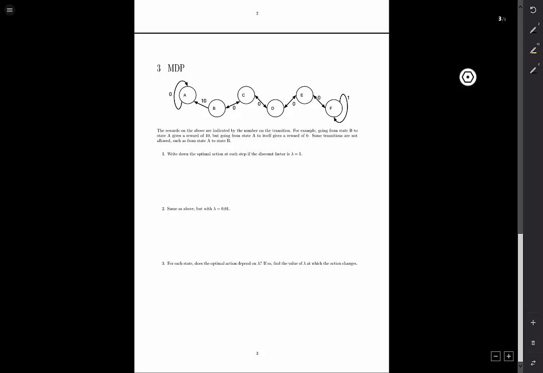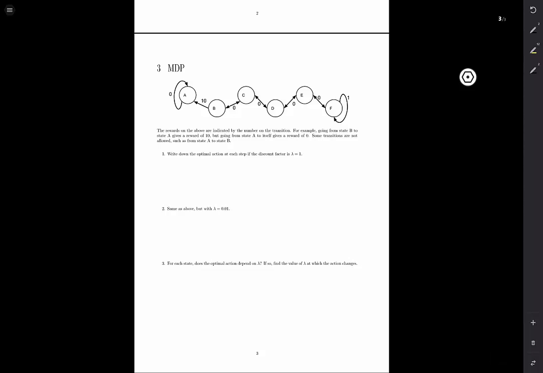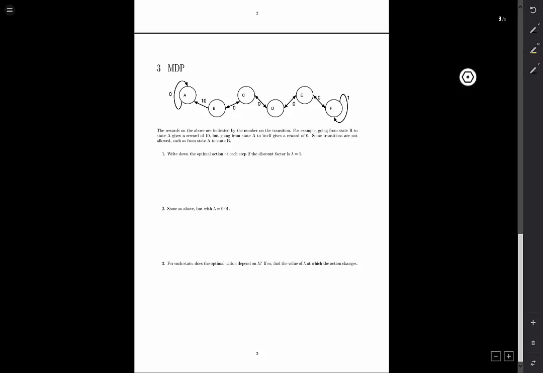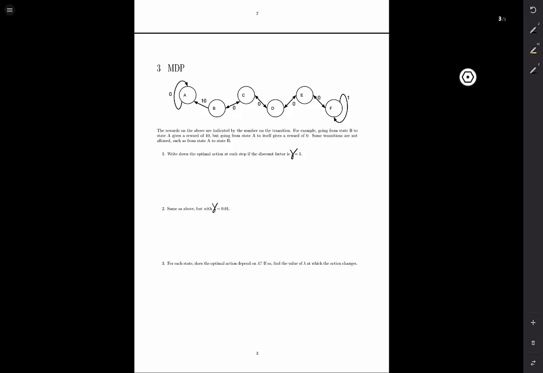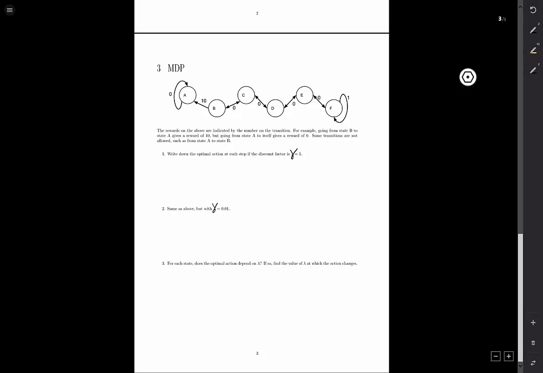Okay, so what they're going to ask us is a bunch of questions about what we should do for each state given different discount factors. Apologies, this should read gamma. So, let's see, write down the optimal action if the discount factor is gamma equals 1.